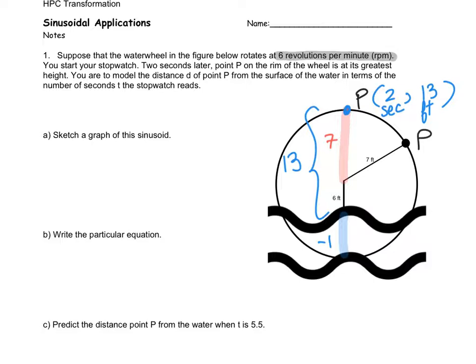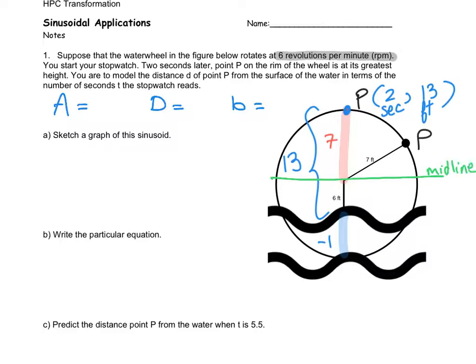Now for me to do that, I need to know what my amplitude is, I need to know what the D is, and I need to know the B value. And then we can decide whether there is a C or not. Now the amplitude is going to be from the midline. So the midline is where the center is. So that's the midline.